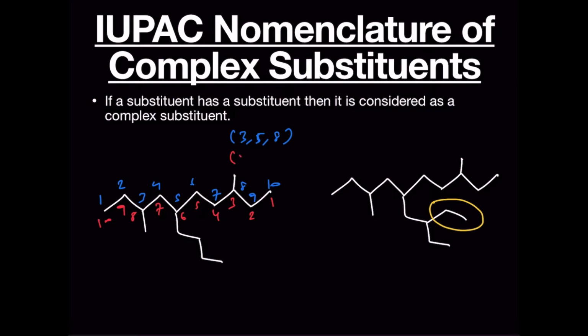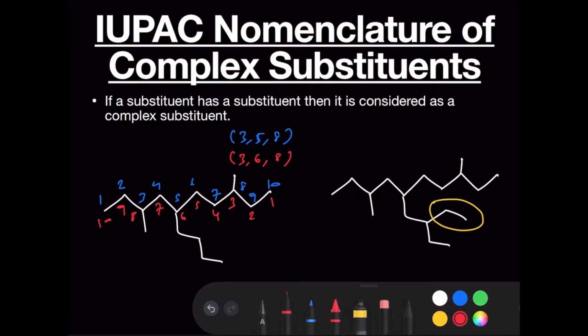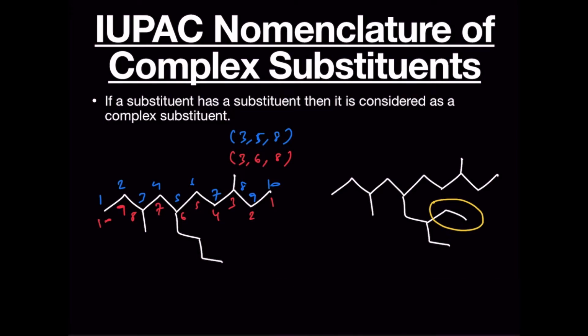Now, the substituents are at 3, 6 and 8 position, and therefore, the numbering that we did from left to right is correct in this case, because that gives the lowest numbers for the substituents. We have a methyl group, 2 methyl groups and 1 butyl group for this alkane.